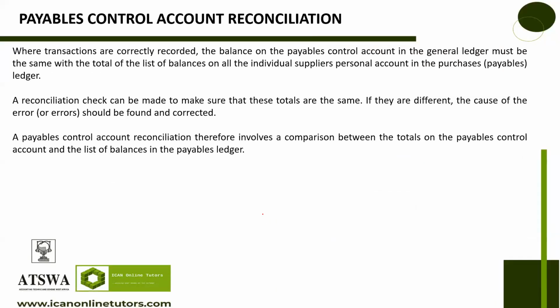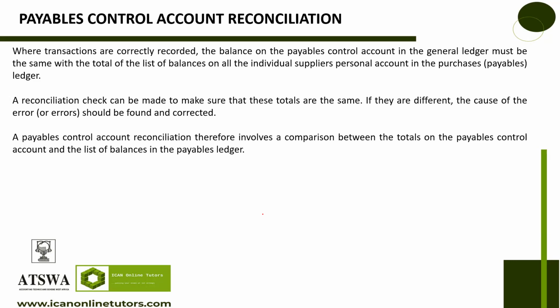We still have the reconciliation part. The same way we looked at the receivable control account reconciliation earlier, the same principle applies here. We are trying to correct some transactions that were not recorded properly to make necessary adjustments.